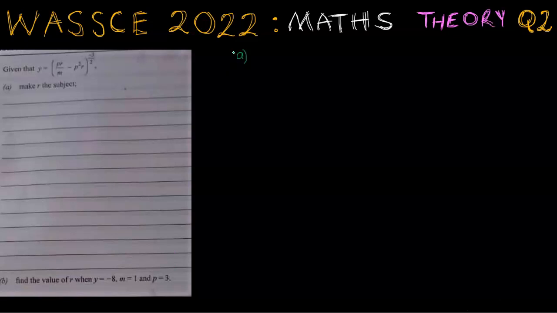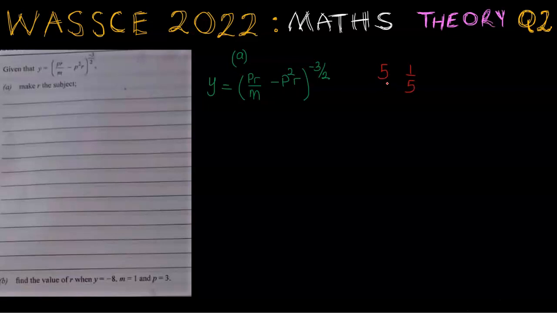To solve the first one, making r the subject, we would see here that the power is negative 3 over 2. We are going to have to first eliminate this power by taking its multiplicative inverse. We know what an inverse is. For example, the multiplicative inverse of 5 is 1 over 5.